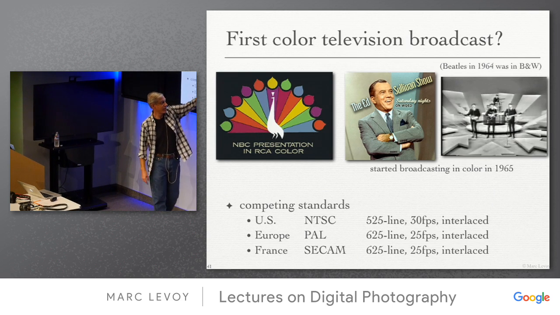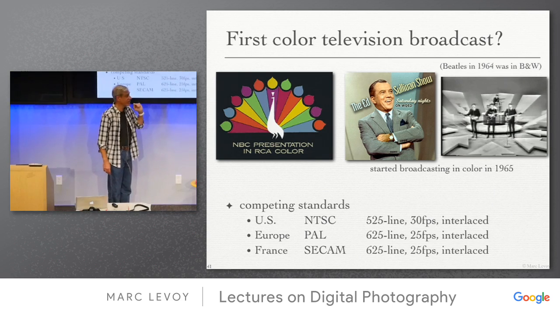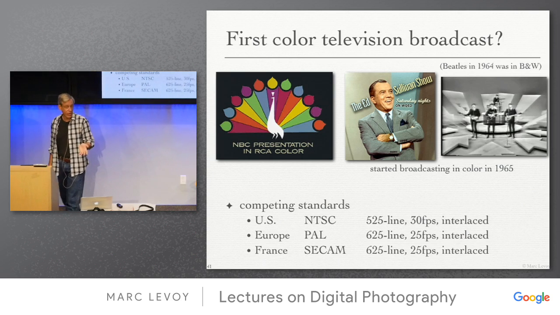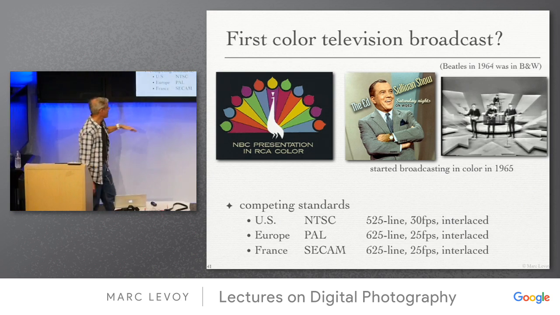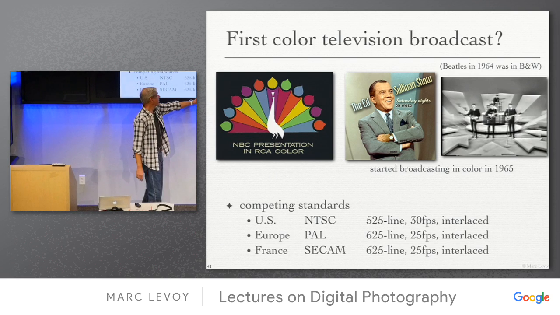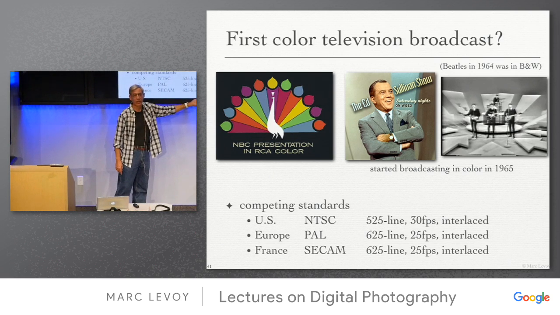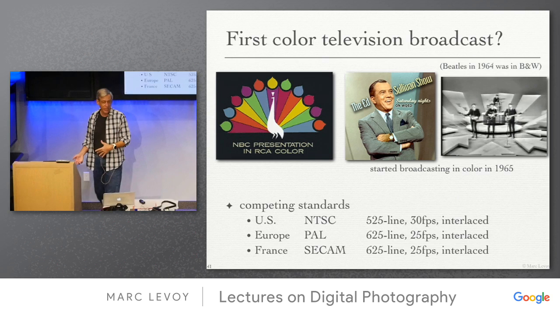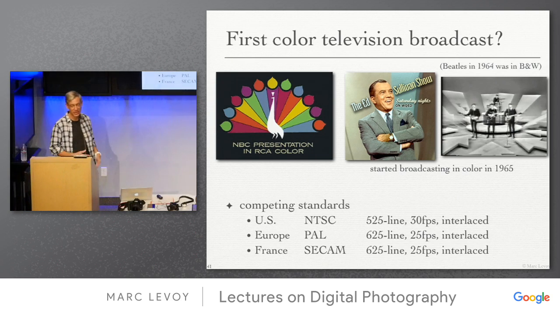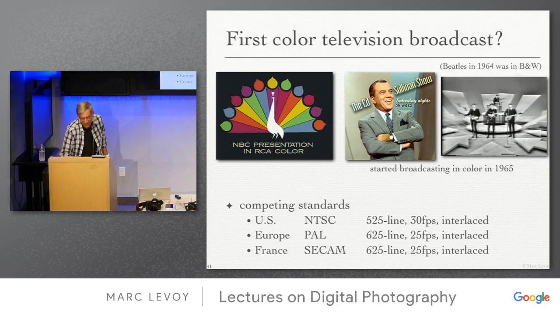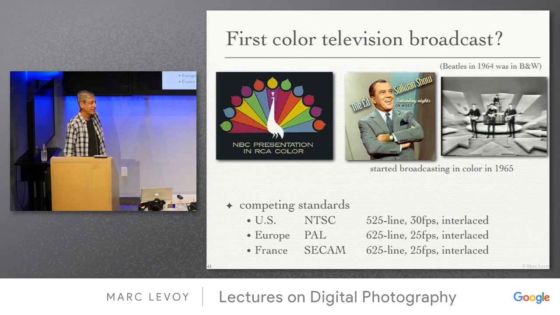They have different line rates and different cycles per second because of the current in Europe versus the United States. This is right on the hairy line of being detectable. So when I go to Europe, I think I see the televisions flickering. And the French say, oh, you're crazy. They don't see it.